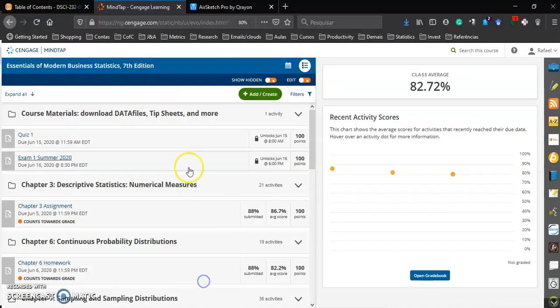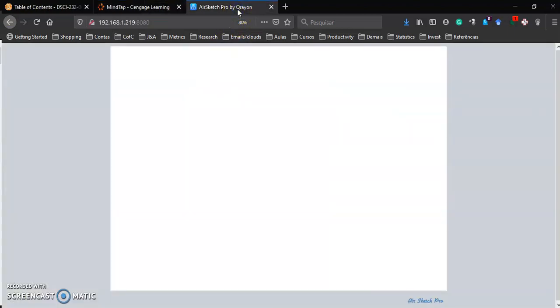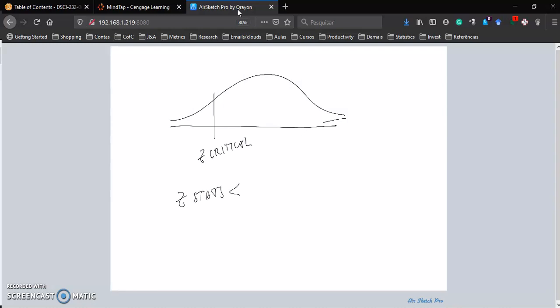Okay, this is the distribution. So you're going to find a z critical. Let's say it's in the lower tail. Z critical is right here. If the z statistic is smaller than the z critical, which means it is in here, then reject the null hypothesis. Okay.